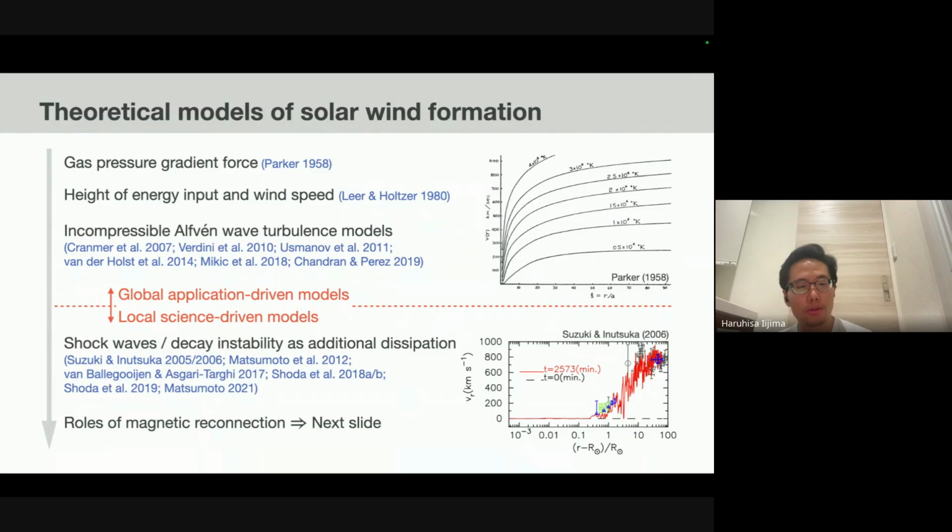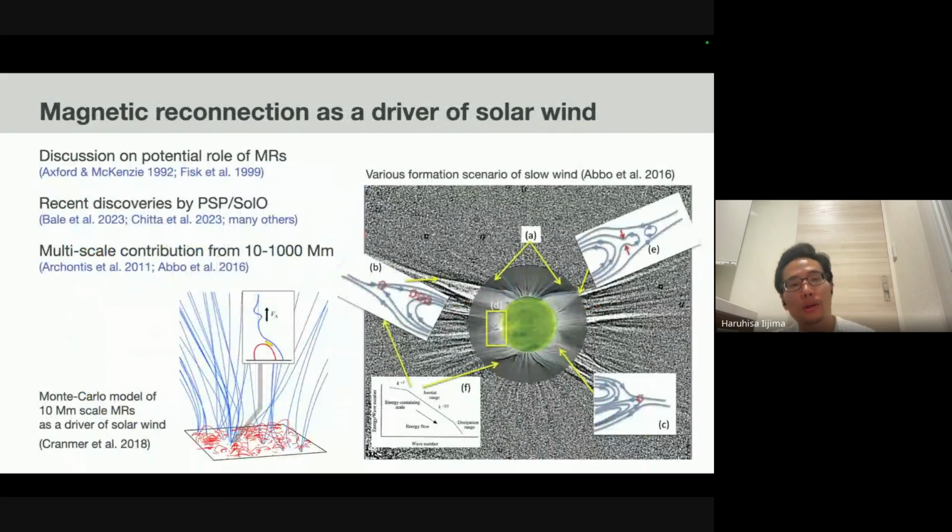The role of magnetic reconnection is also an important factor. Magnetic reconnection has been related to solar wind formation at least since the 1990s, and maybe from before this era.